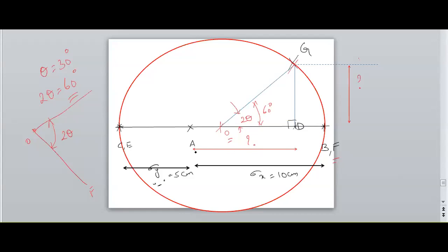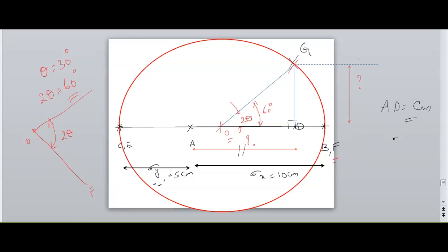Now measure the length A to D in centimeters and multiply with the scale we have taken.